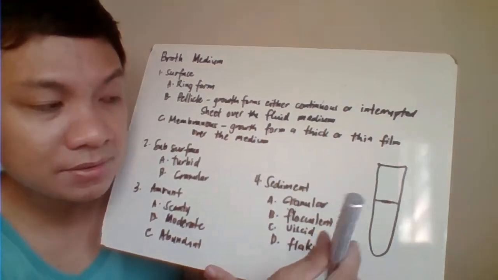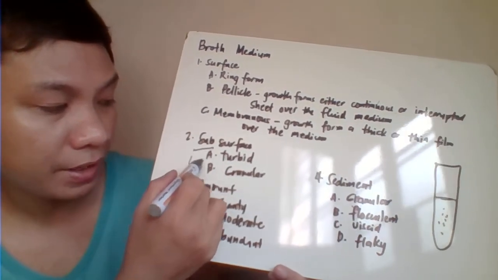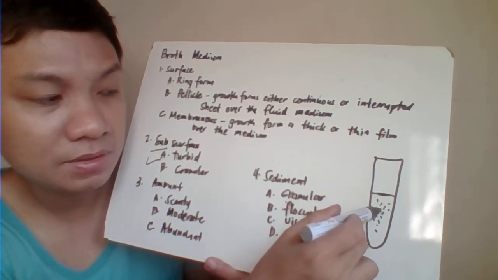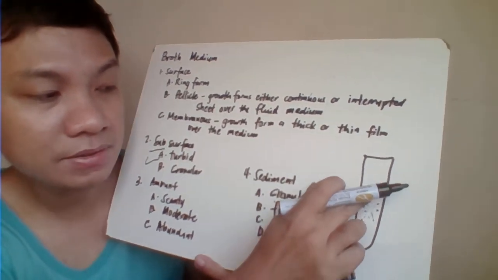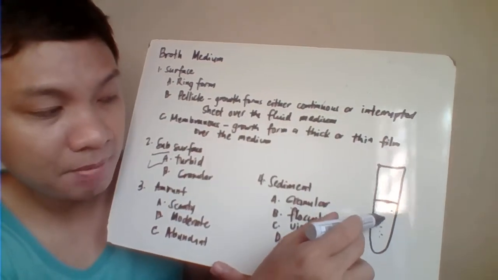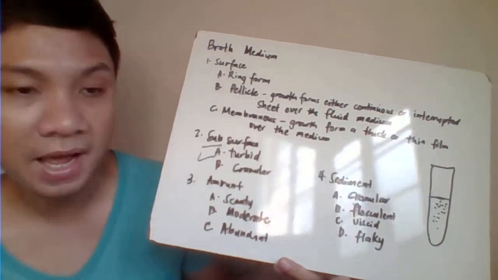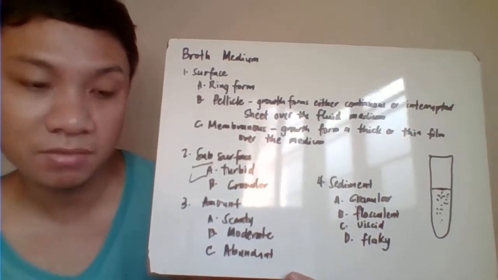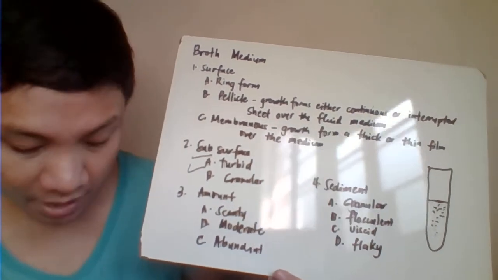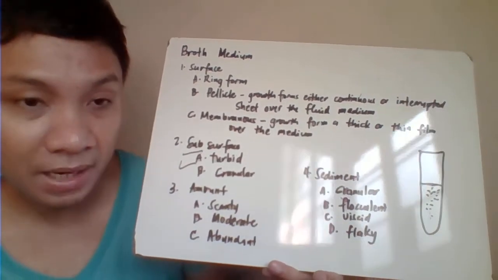For the subsurface, is it turbid or granular? Granular has granules. Turbid is uniformly cloudy, while granular has visible particles. For the amount, again, it's the observation of the amount of colony: scanty is little, moderate is somewhat more, and abundant is very many.